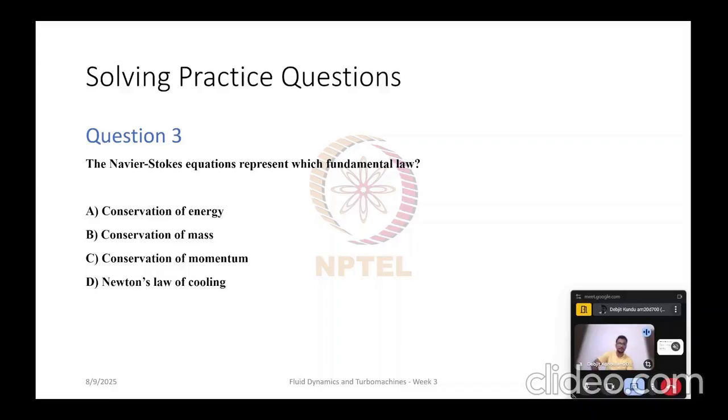Is it option A, conservation of energy? Is it option B, conservation of mass? Is it option C, conservation of momentum? Or is it option D, the Newton's law of cooling?